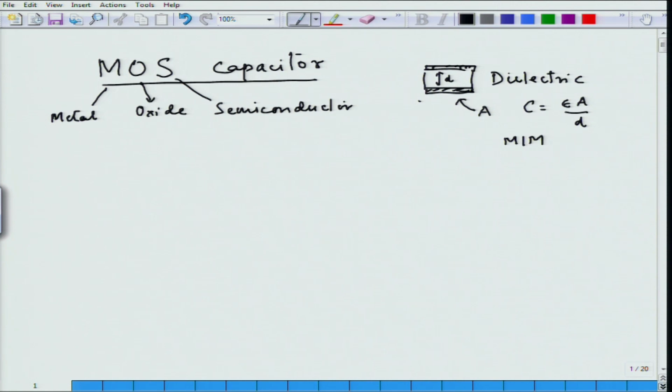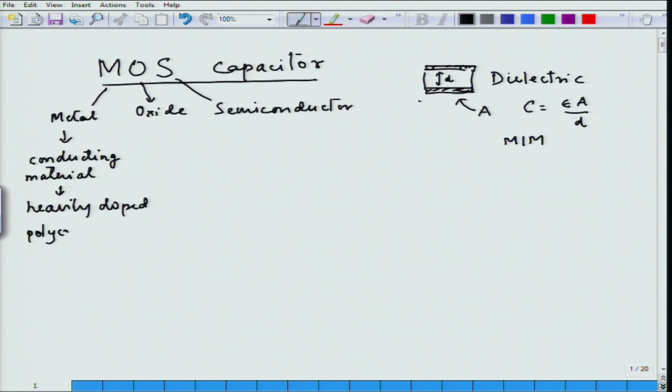Although we continue to use the term MOS capacitor in the literature, very often the metal is replaced by some other conducting layer, a conducting material, for example, heavily doped P-type polycrystalline silicon.